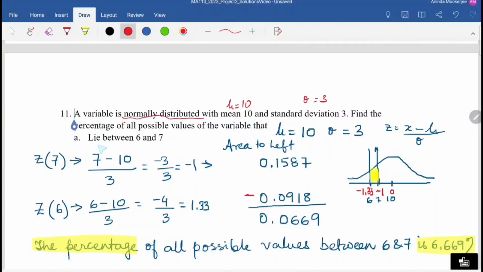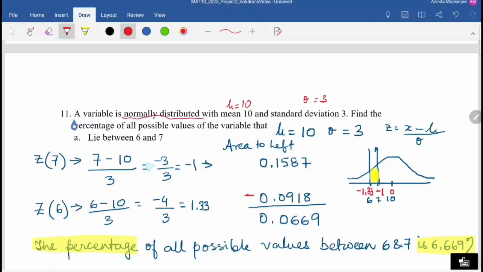So here they're asking for the percentage, but remember, percentage is converted from the area under a curve. So percentage can be found if we know the area under the curve between two z values.